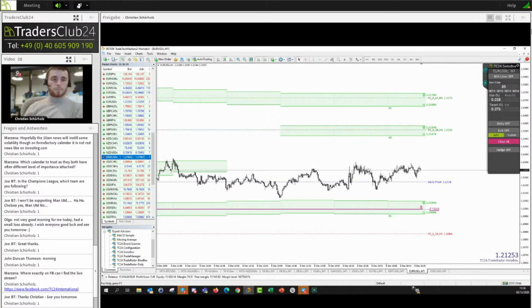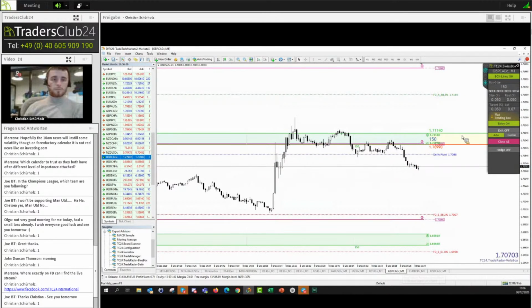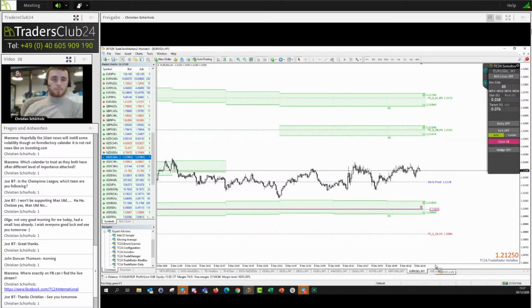That's pretty much it for these Forex pairs. So GBP CAD, I don't think that we're gonna see anything new appear in the charts. Nor in Euro USD.